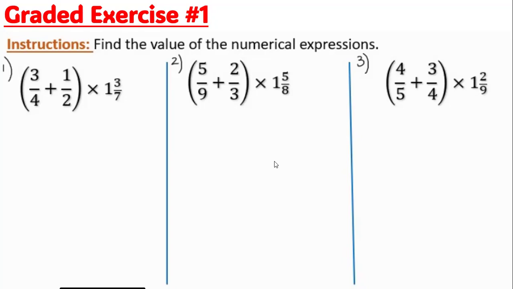Excuse me, Mr. Petit. Go ahead, Ariana. I'm stuck with the part where I've already found the lowest common multiple, and then I already did the calculations for that. I'm on number 1, by the way. Okay.